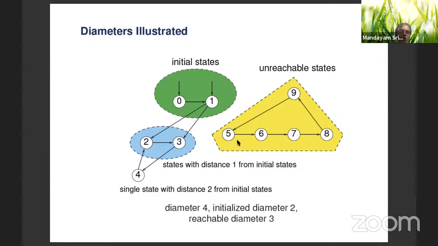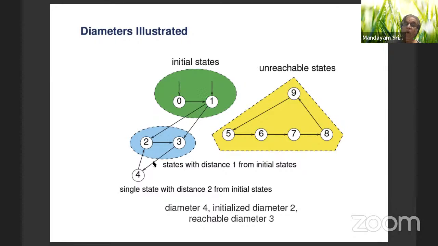You must have guessed that the initial diameter is the bound for you to reach all the states that are ever reachable from the initial states.